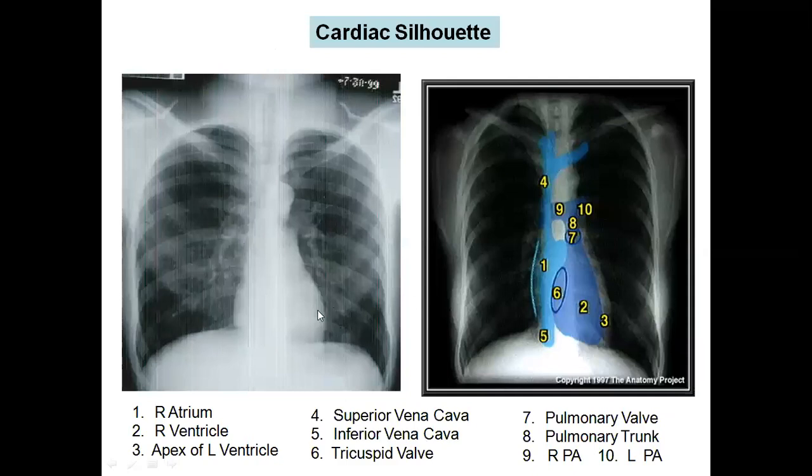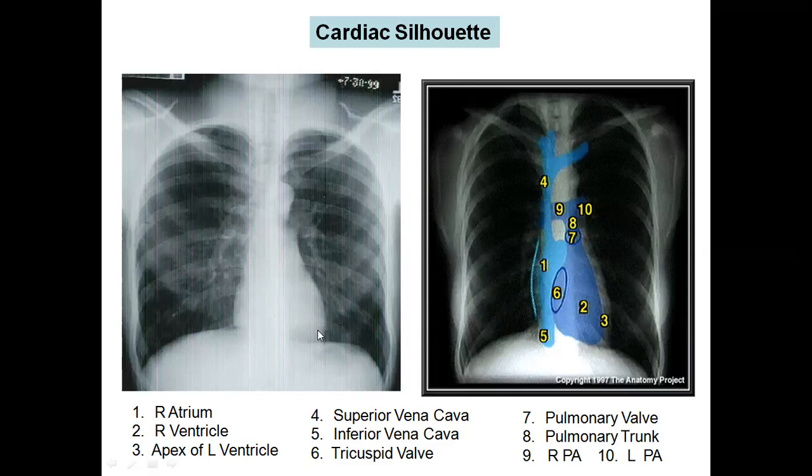Now let us see a comparative study of a normal picture and the various things you are finding. If you see this as 4, this is the corresponding 4, which indicates the superior vena cava. Number 1 represents the right atrium. Into the right atrium we have the opening of the superior vena cava. Number 2 indicates the right ventricle.